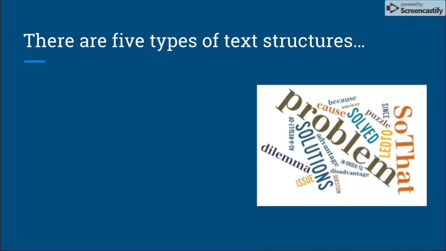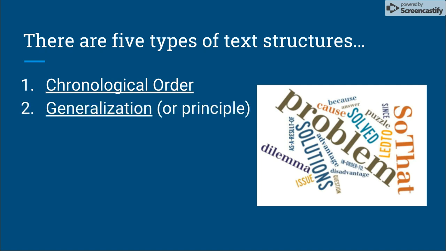There are 5 different types of text structures we're going to talk about today. The first is chronological order, which I'm sure you guys have probably heard of before, especially in history when we're talking about timelines. The next is generalization or principle, which I know we've had a few questions on, especially with our warm-ups, the reading comprehensions, but we're going to talk about that more later.